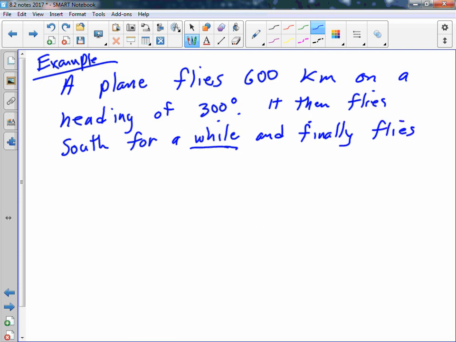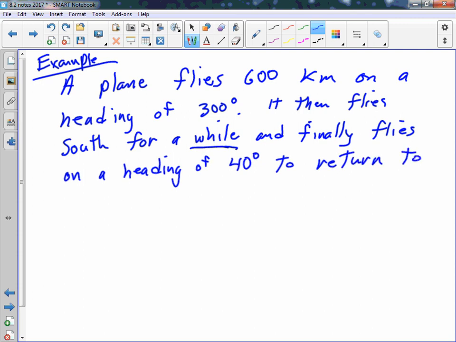flies on a heading of 40 degrees to return to its starting point.